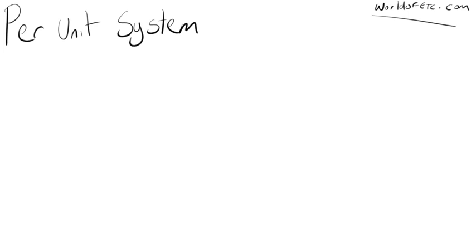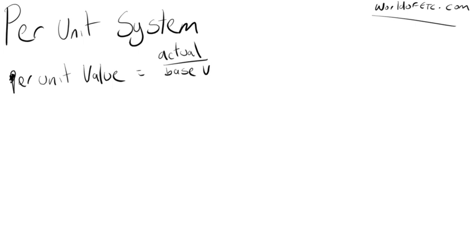So the per unit value of any quantity is defined by: per unit value equals the actual value divided by the base value.